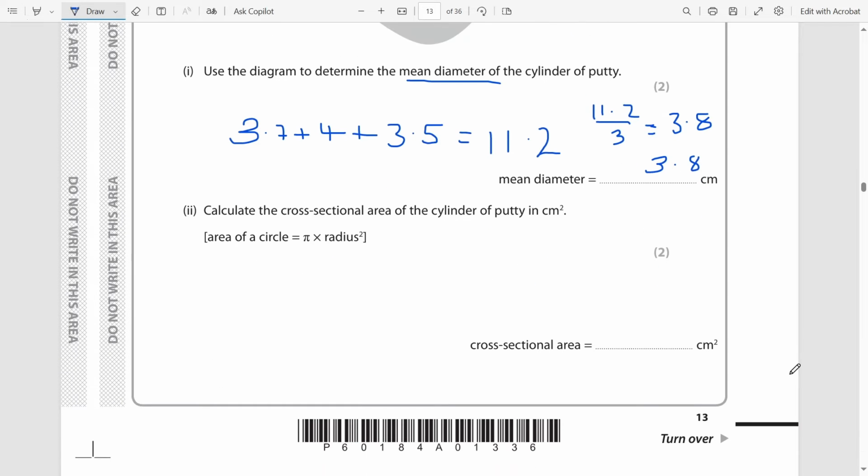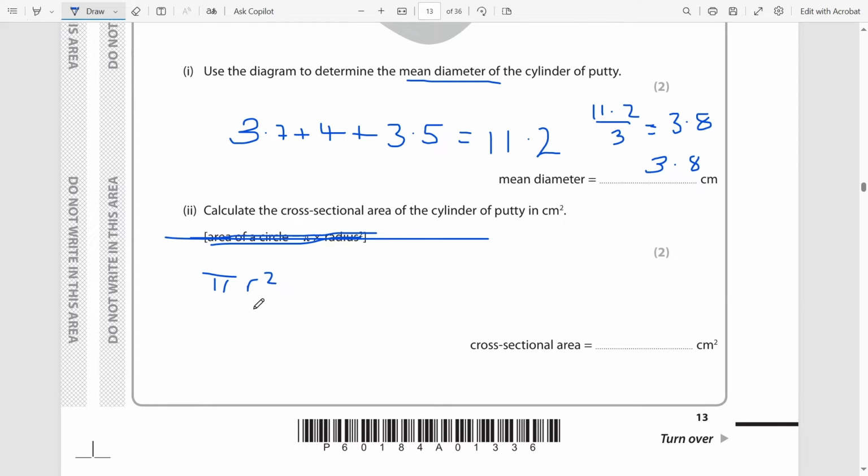So guys, if you like maths, then you don't really need this. Let's test ourselves. So pi r squared. I don't have pi on my keyboard, so I'm going to have to write it.